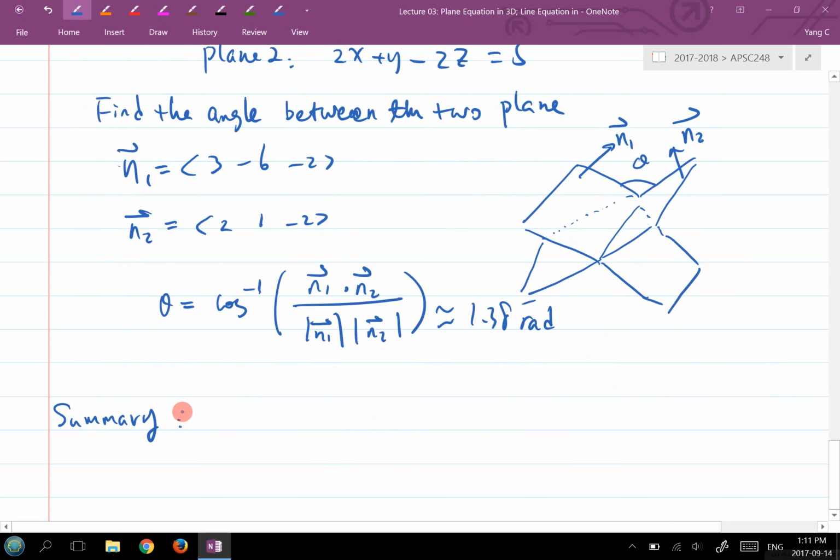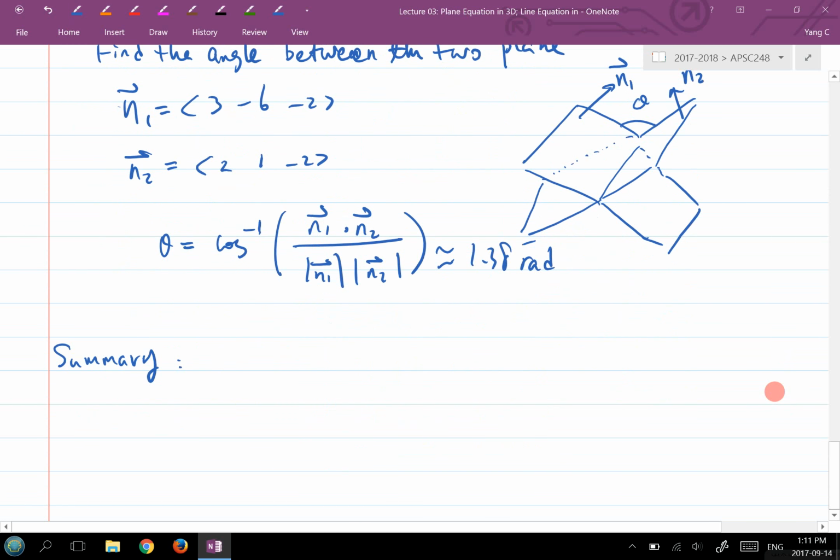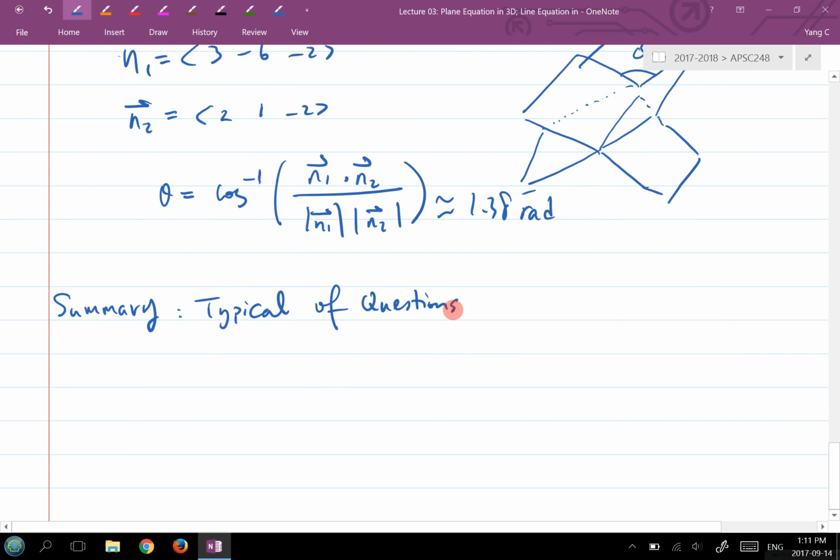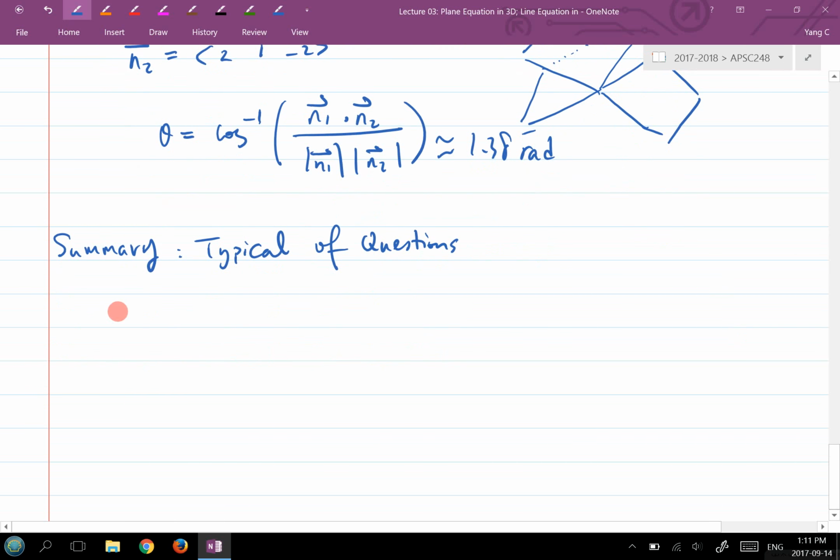What will be the typical questions related to planes in 3D? I will just write it down. Essentially, I'm not going to give you examples or solve anything here, it's just to provide you some thoughts.